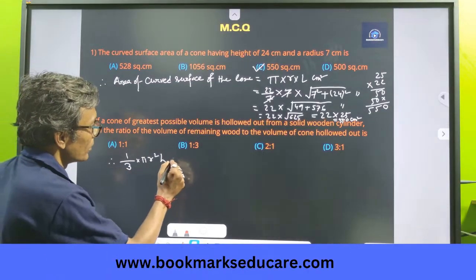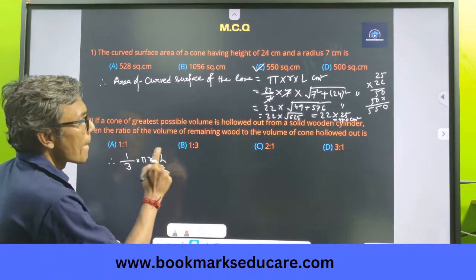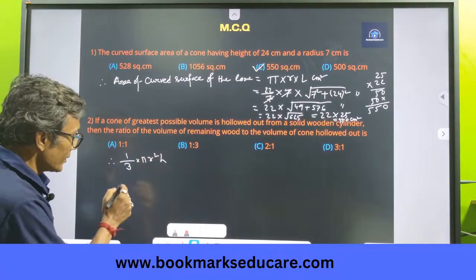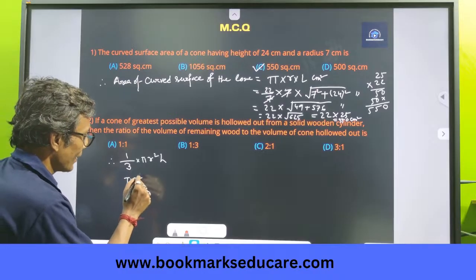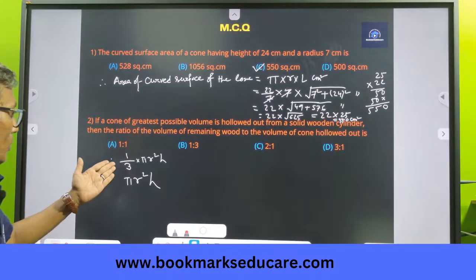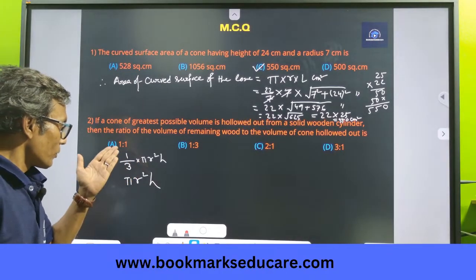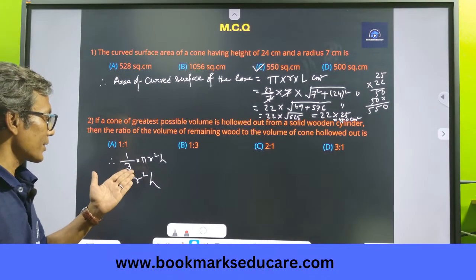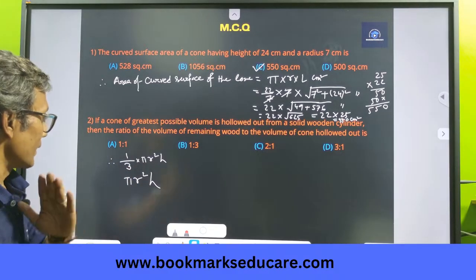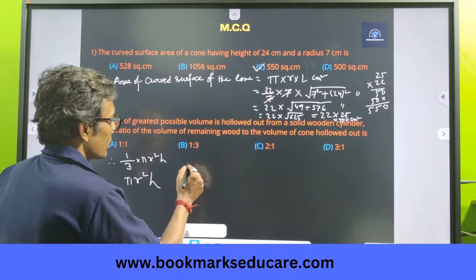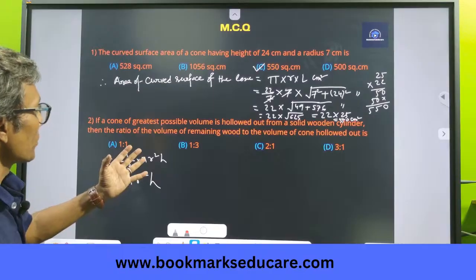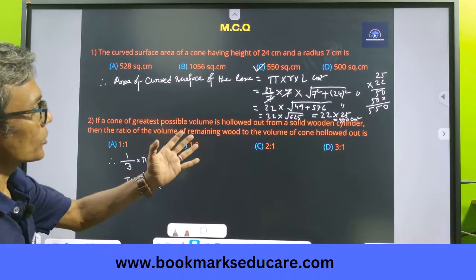So volume of the cylinder is pi r square h. So volume of cone will be subtracted from volume of cylinder, because cone of greatest possible volume is hollowed out from the solid wooden cylinder.